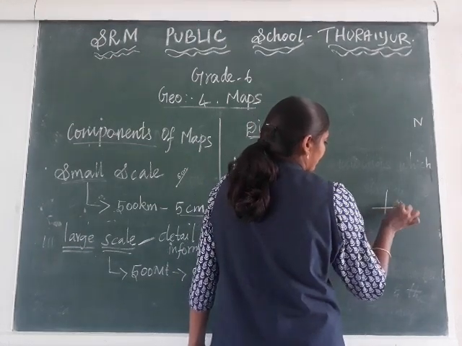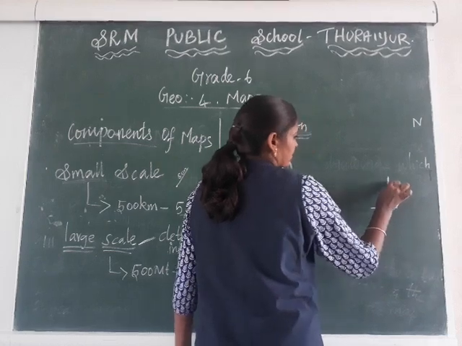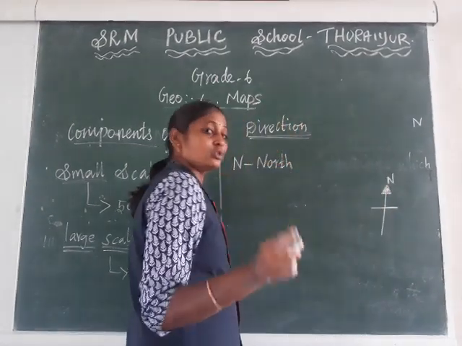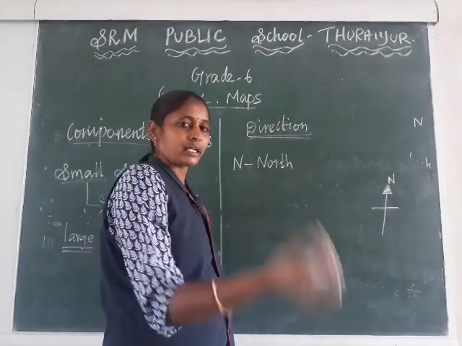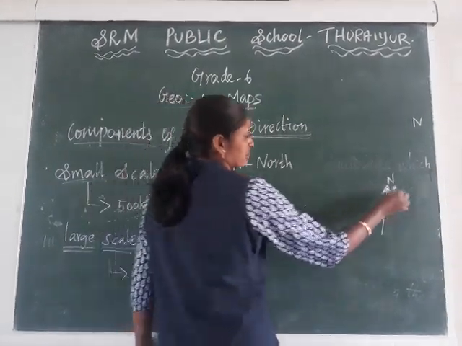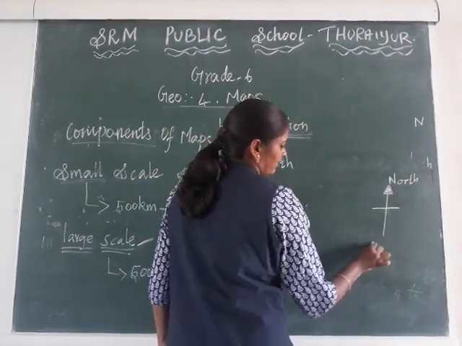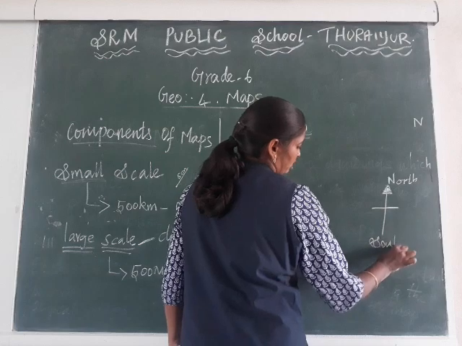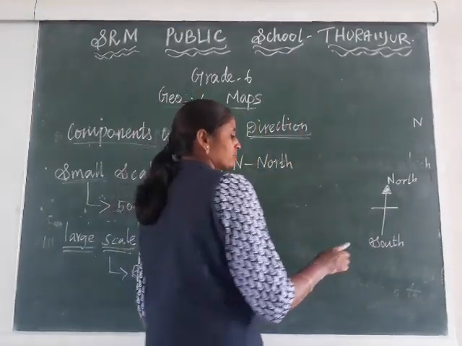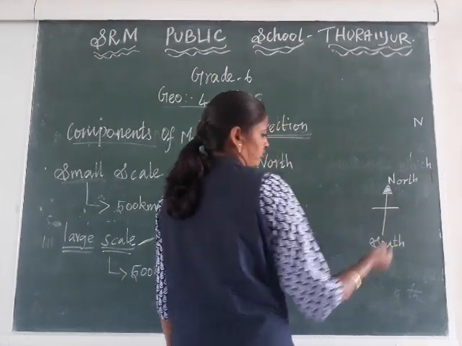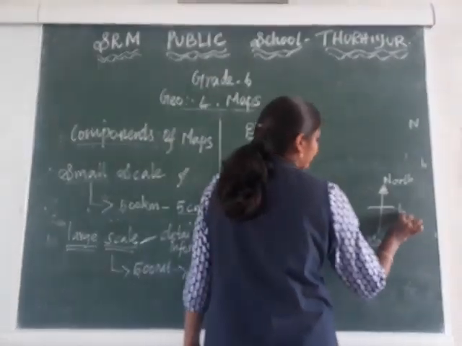In some maps you can see a symbol like this, which also indicates N. When we come to know one direction, it is easy for us to understand the other directions. If this is north, then the opposite direction of north is south.